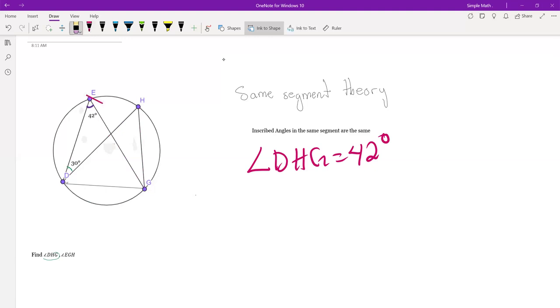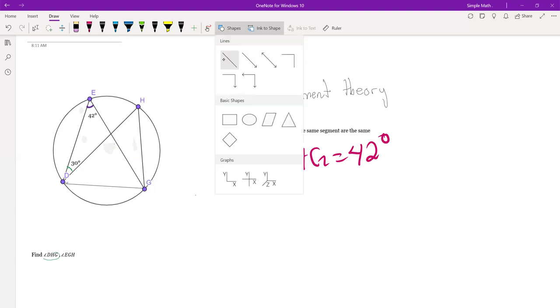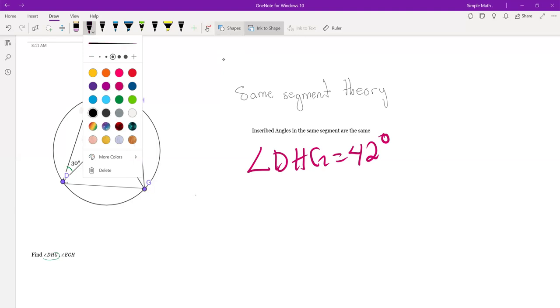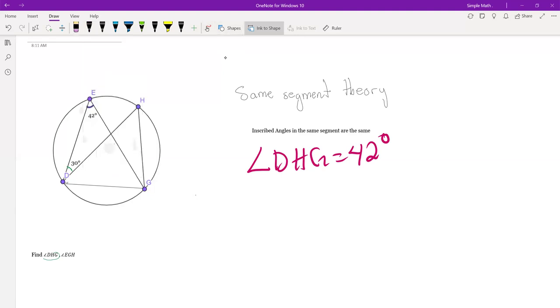Let's do that. From E, it's taking a different color. Let me see if I can change the color here. With black again, not perfect.